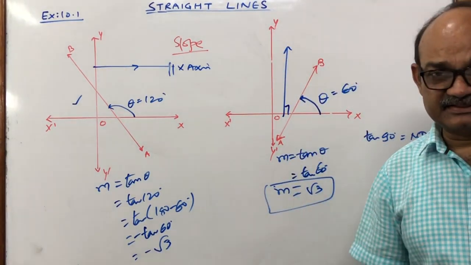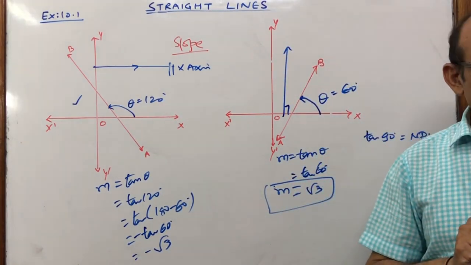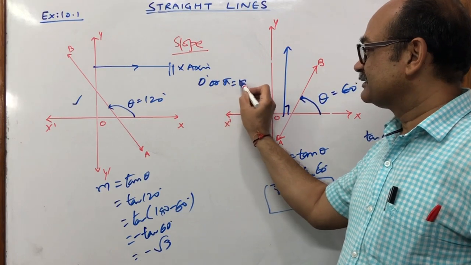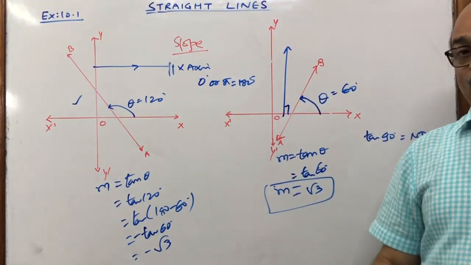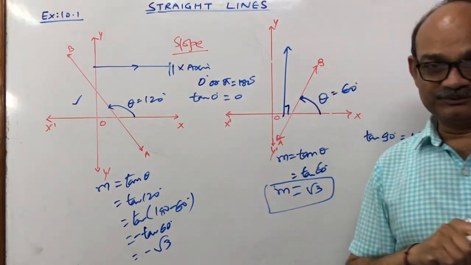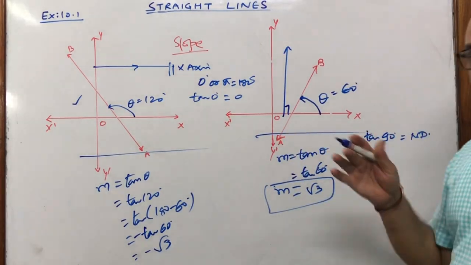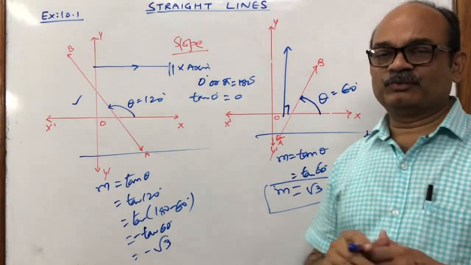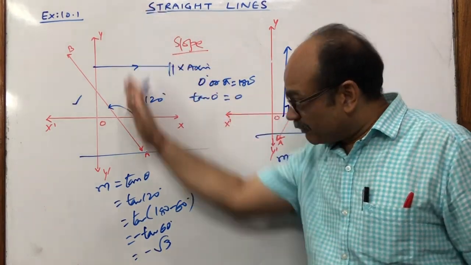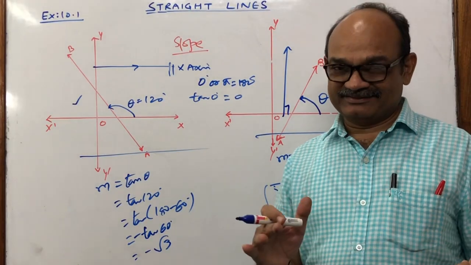A line parallel to x-axis means the angle from the x-axis is 0 degree or pi, that is 180 degree. Now what is tan 0? Tan 0 is 0. So any line parallel to x-axis, ये line हो सकती है, कोई सी भी line. If a line parallel to x-axis, then its slope is always 0. And if a line is perpendicular to x-axis or parallel to y-axis, then its slope is infinite.